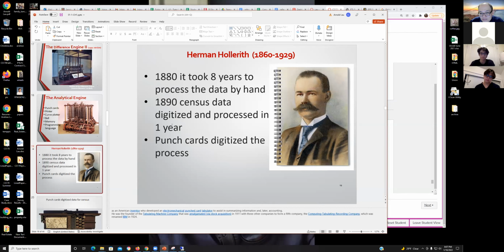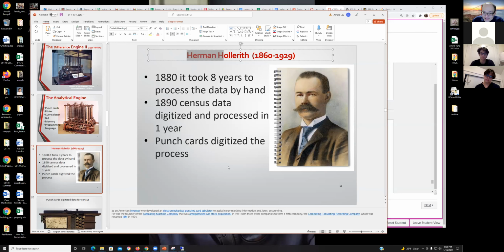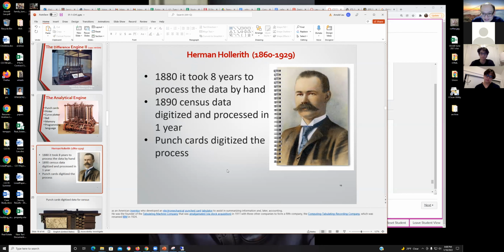So they came up with this mechanism to use a punch card with all these holes punched in it to organize the data in a way that could be processed by a machine, right? You couldn't just take a manual piece of paper, write information down, and say, okay, let the machine process it. There's no way the machine's going to do anything with that. So that's Herman Hollerith's claim to fame, this automation of the census.